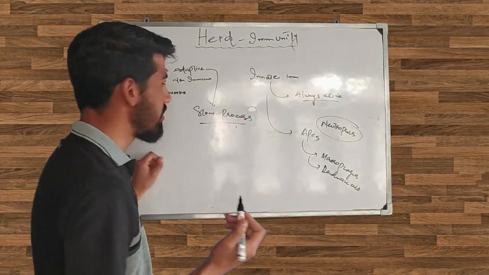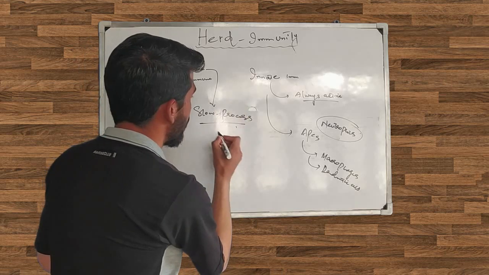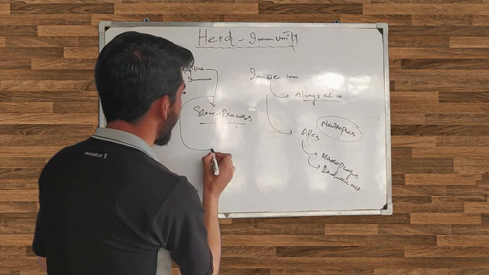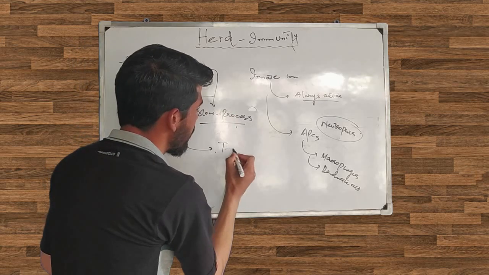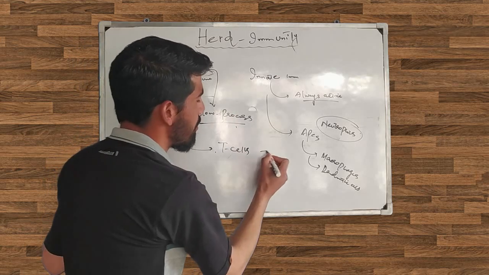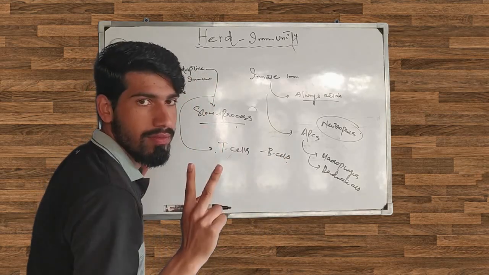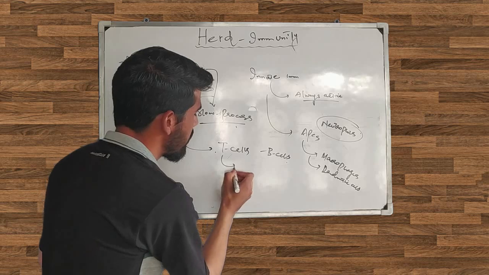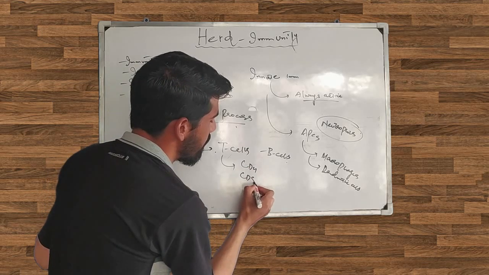In adaptive immunity, there are some cells present: T cells and B cells. The T cells are of two types, CD4 and CD8.